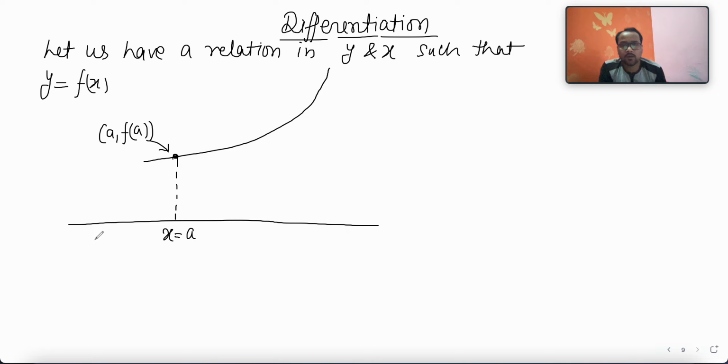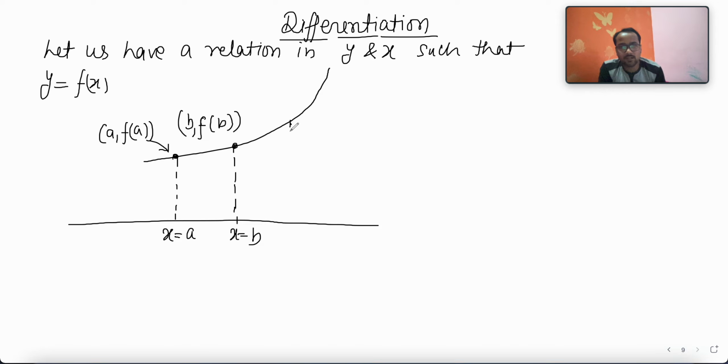Fine. Now suppose I talk about this point, let's say x equal to b, and I take the value of y at this point. You will get f(b). So this point will be (b, f(b)).